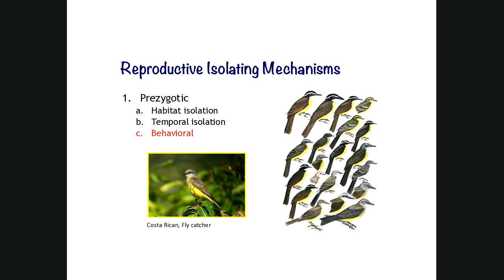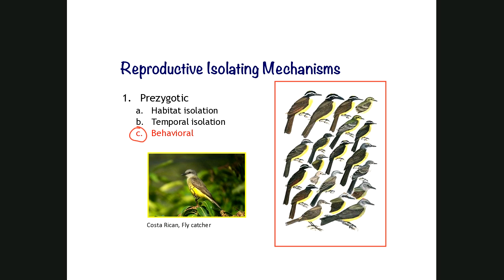The next one is what we call behavioral isolation. These species are divided from one another behaviorally. All of these flycatchers look alike, and the females can actually tell the difference between the males because of the way they call, the slight differences in the way they behave, or peck at the ground, or a slight difference in their dance.